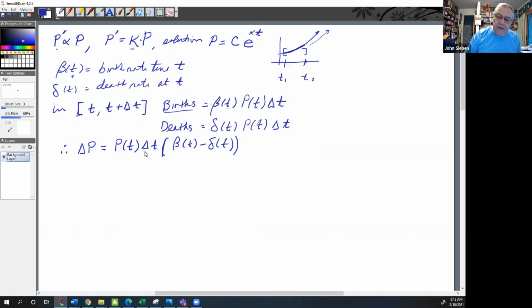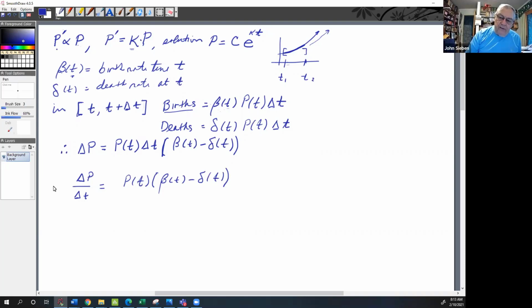If I divide both sides by delta t, we would have delta P over delta t is equal to P of t times (I guess I'll use parentheses here) beta of t minus delta of t.